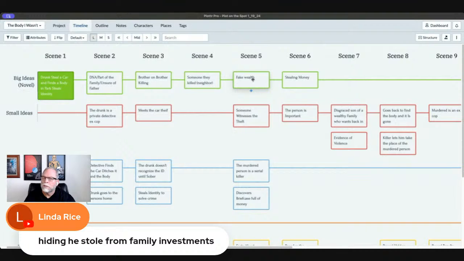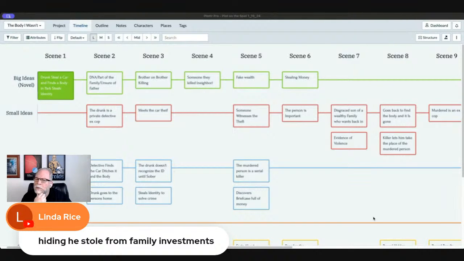The family's wealth is not fake or it's not really theirs, or the person was stealing money. So number 6 is stealing money. Number 5 is fake wealth. Number 4 is someone they killed, perhaps a neighbor. Number 3 is brother on brother killing. And number 2 is DNA. They're not part of the family or they have a different one. Okay, let's vote on those.